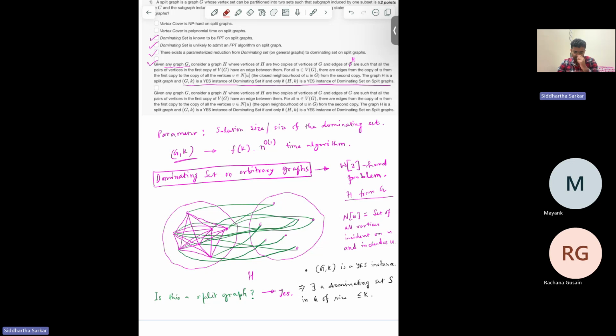Let's take orange color. Let us say this vertex, this vertex, this vertex, this vertex, this vertex, they form a dominating set.